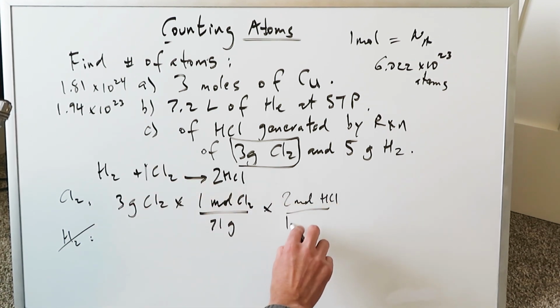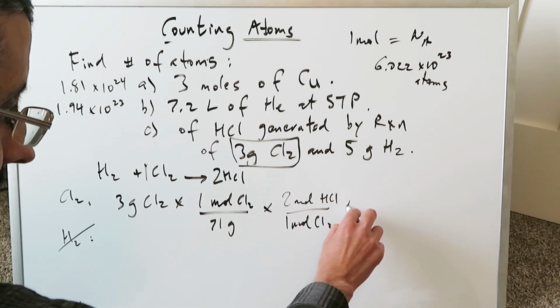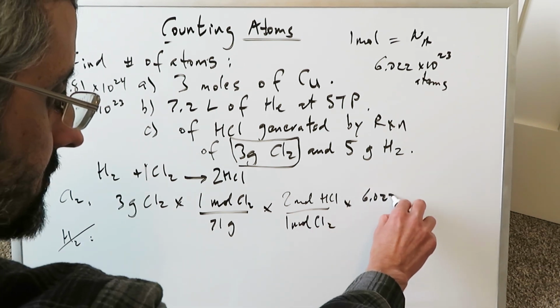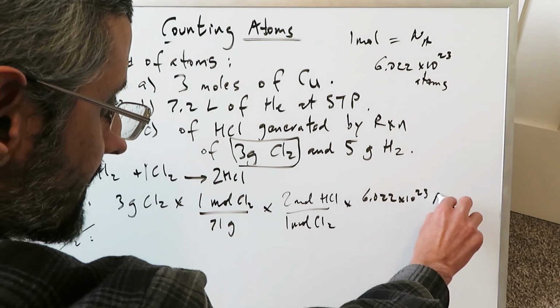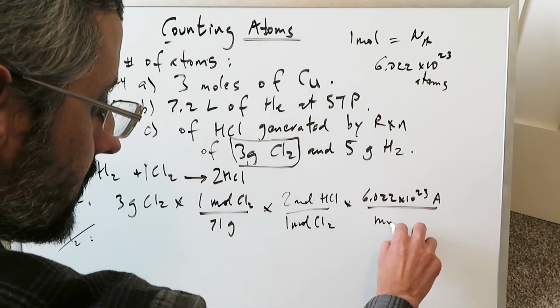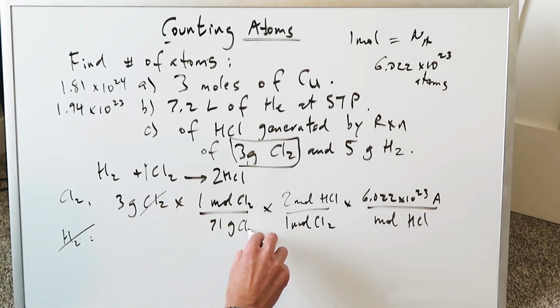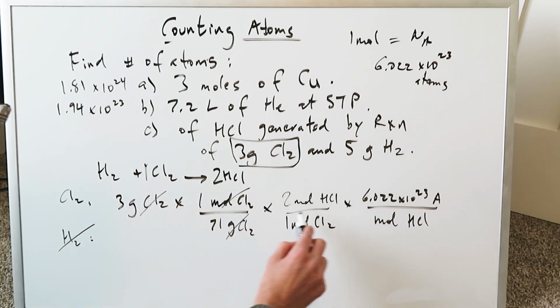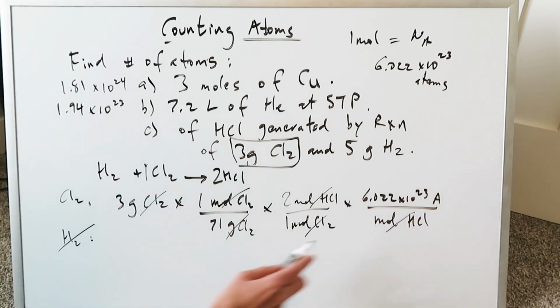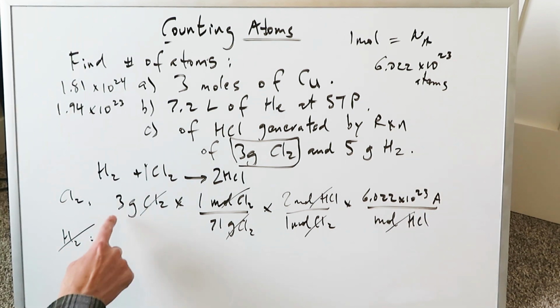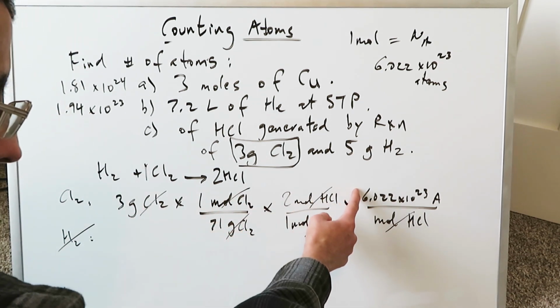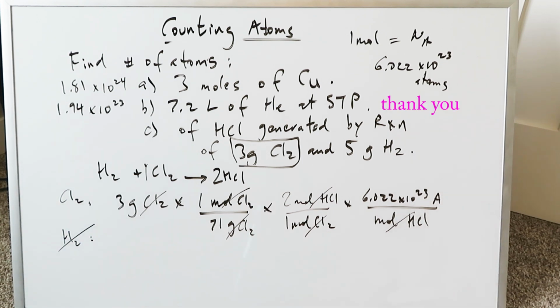See, 1 mole of chlorine gas, times 6.022 times 10 to the 23 atoms per mole HCl. The grams chlorine will cancel out with this, the mole Cl2 with that, mole HCl with that. Now look at all the numbers which are here. 3 times 1 times 2 times the Avogadro's number divided by 71, and that'll give you your answer.